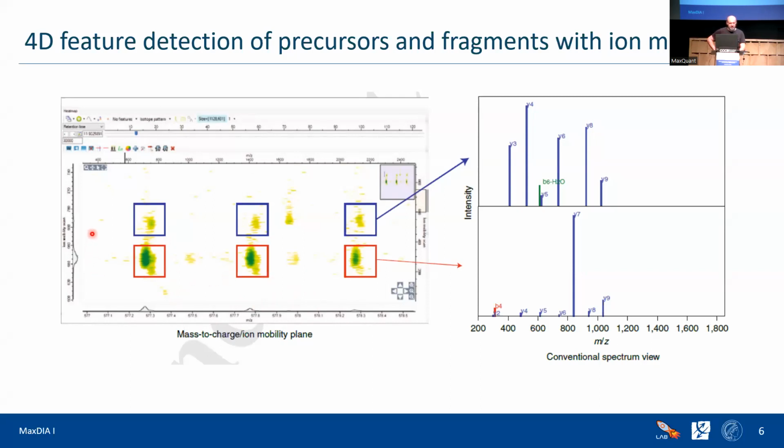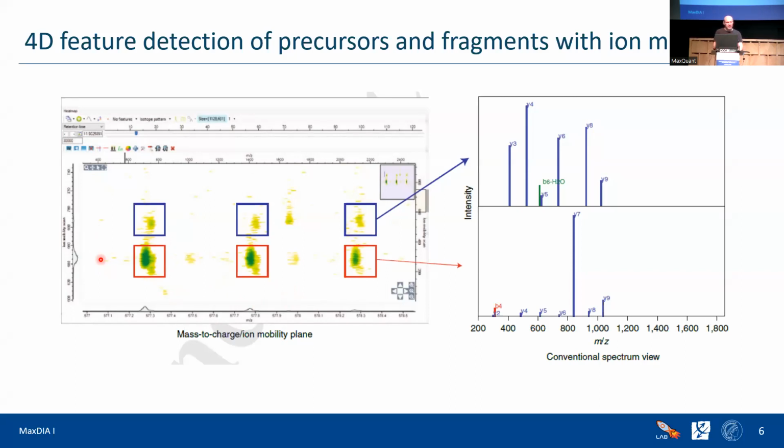But you can see that in the ion mobility direction, you can actually resolve these two peptides and get separate signals for the identification and independent quantification of these two peptides, which would not have been possible in a machine that wouldn't have ion mobility, right?